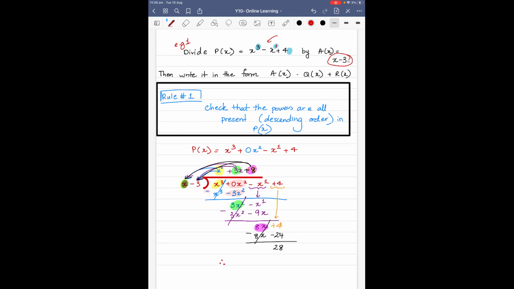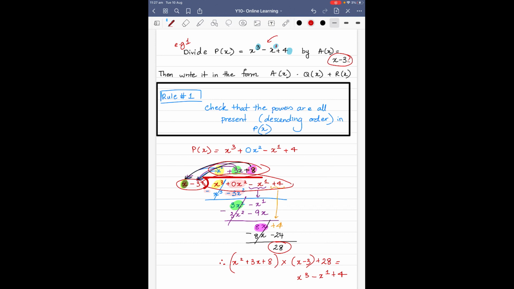So let's write it down. We're going to write your quotient, x squared plus 3x plus 8, times your divisor, so x minus 3, plus your remainder is going to give you your polynomial. Now we don't have to write 0, you can completely ignore it, but you can write the 0 if it helps you. And that is your answer.